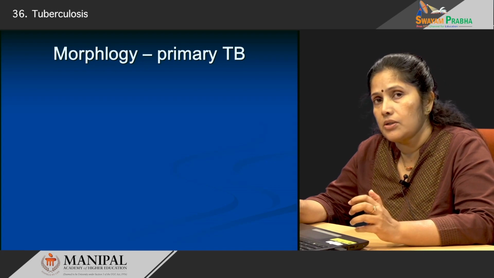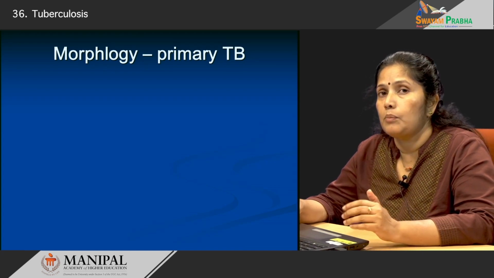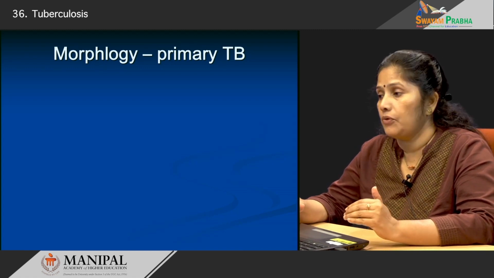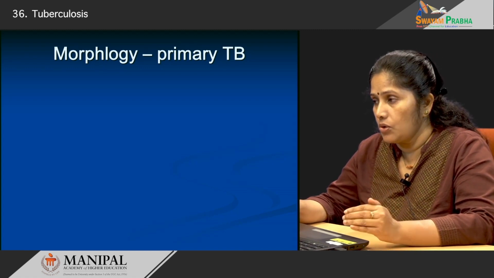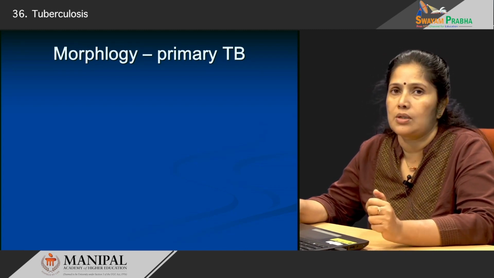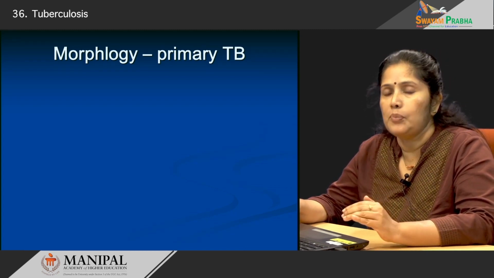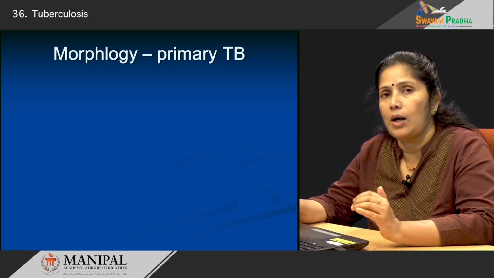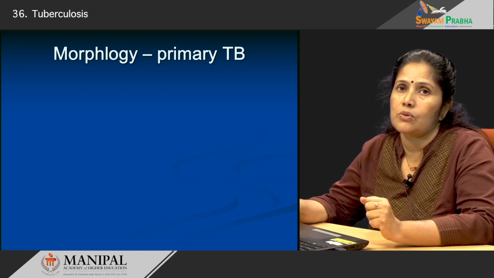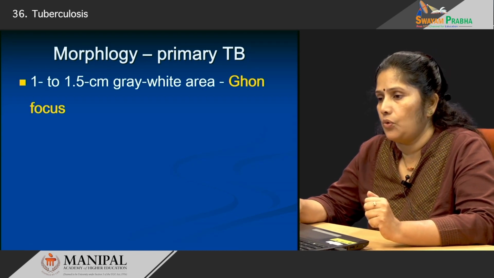The size of the lesion is not very large, it is 1 to 1.5 centimeters, and as I said earlier, it is very close to the pleura. This subpleural lesion is known as the Ghon focus.